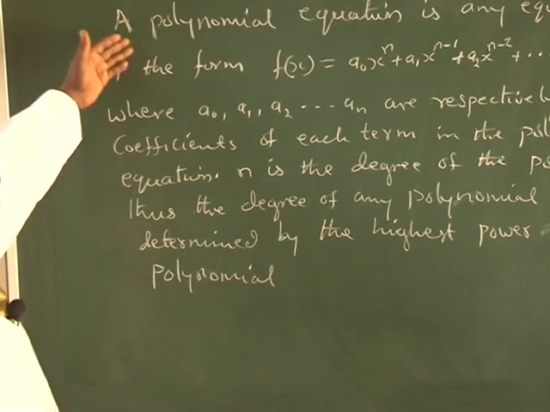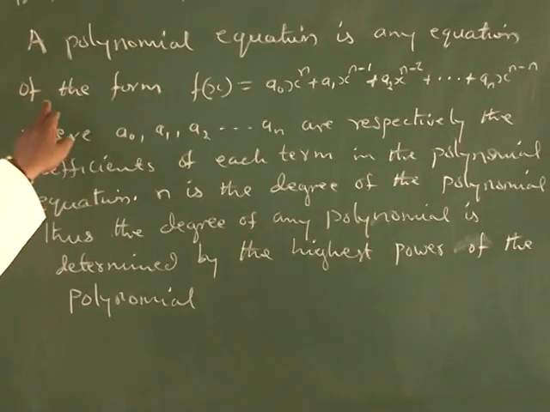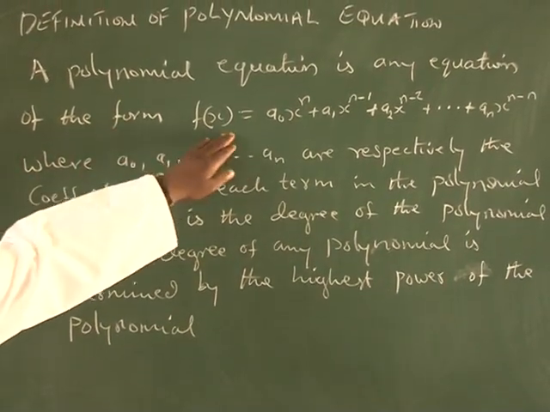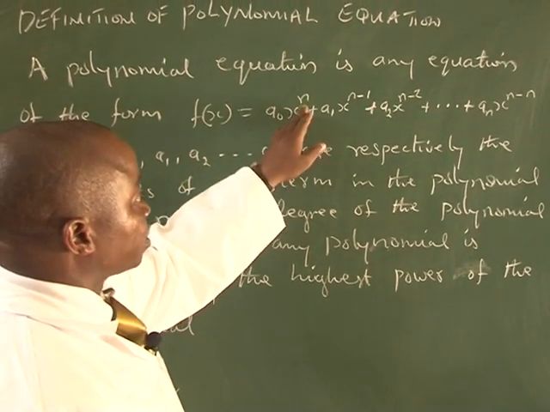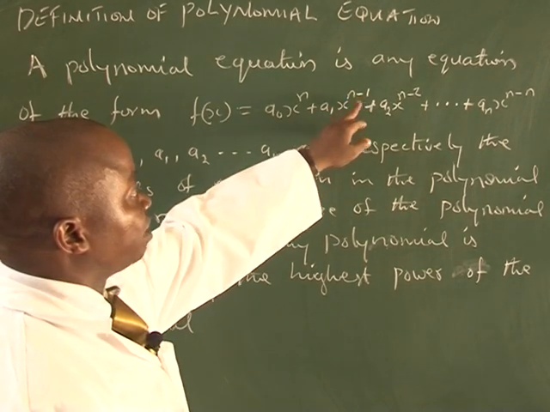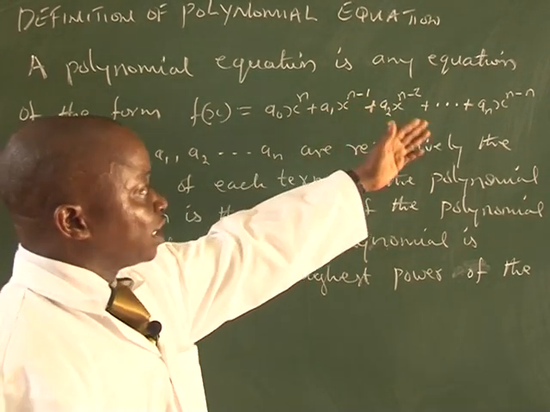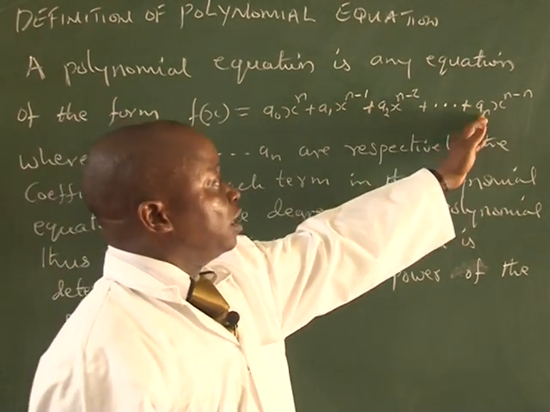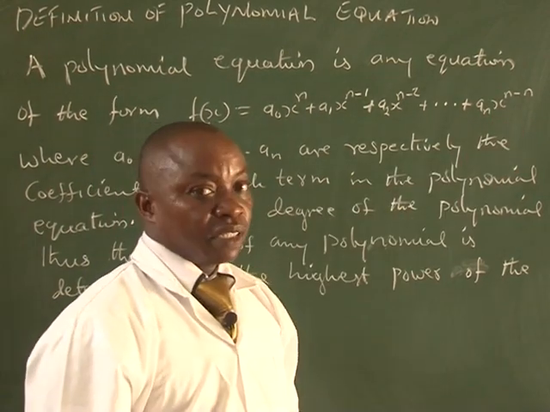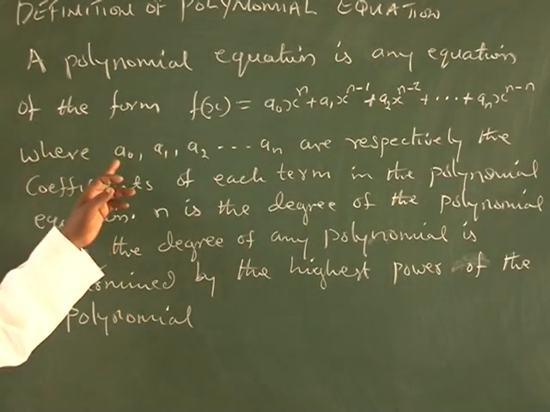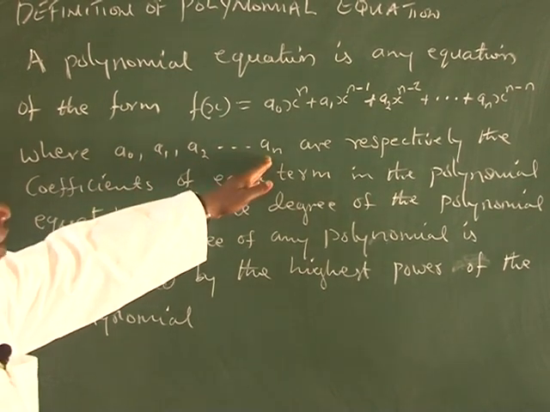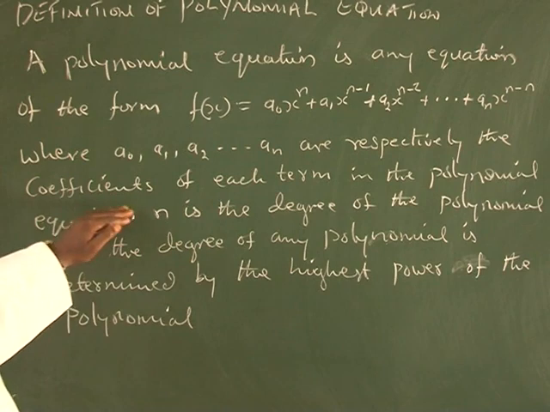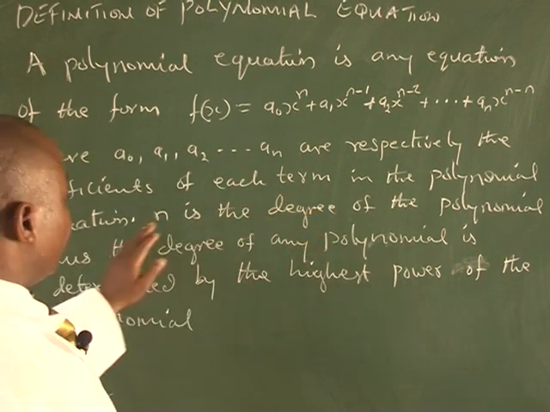So a polynomial equation is any equation of the form f of x equals a subscript 0 x raised to n plus a subscript 1 x raised to n minus 1, and so on, until we have a subscript n x raised to n minus n, where a subscript 0, a subscript 1, a subscript 2 till a subscript n are respectively the coefficients of each term in the polynomial equation.